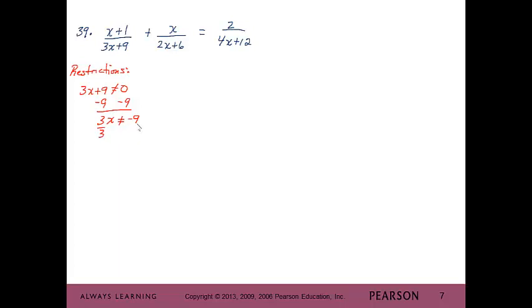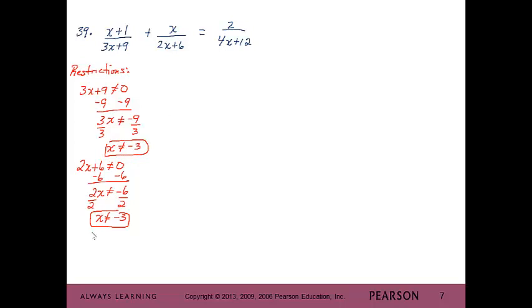And then divide by 3, and we'll have x cannot equal negative 3. And then the second is 2x plus 6 cannot equal 0. Subtract 6 on both sides, and we have 2x cannot equal negative 6. Divide by 2, and again we have x cannot equal negative 3.